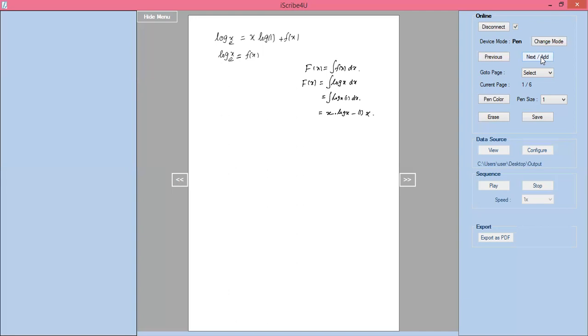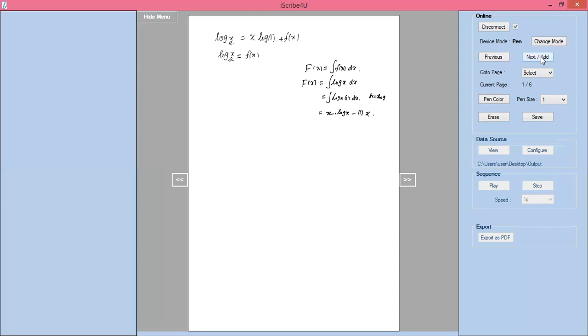So here you take u as log x and dv as dx, using the ILATE rule, inverse, logarithmic.